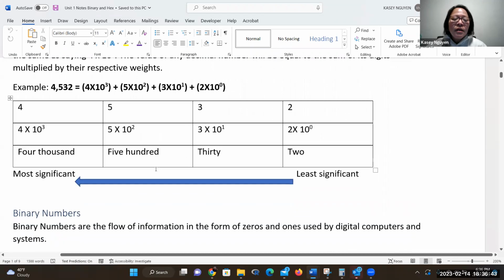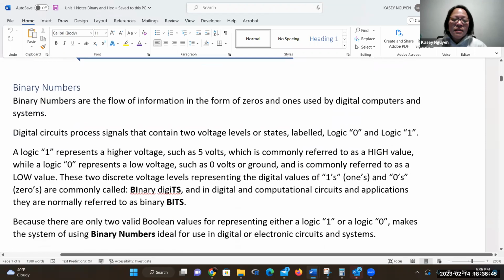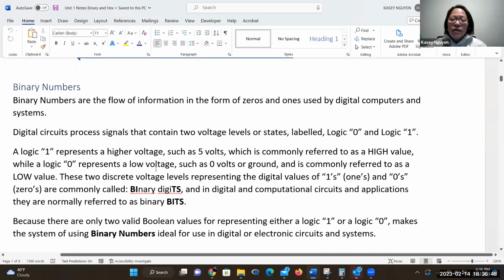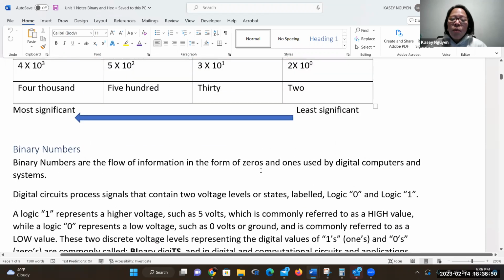But the computer understands binary. So when we open up our calculator and we type in a number and we want to add, subtract or divide, it takes that number and converts it to a base 2 number system.